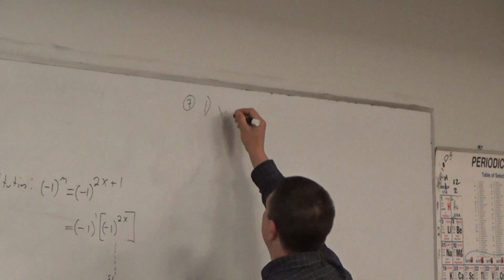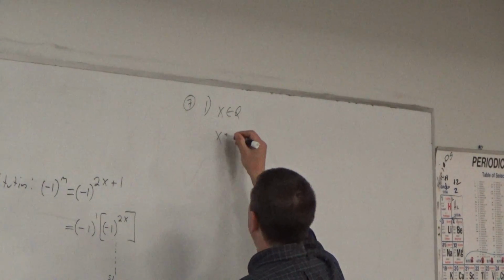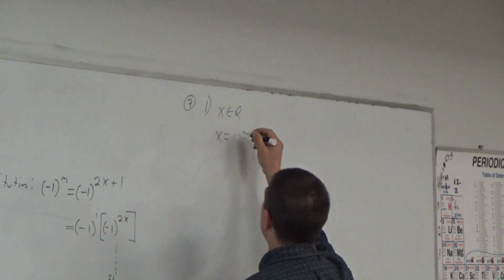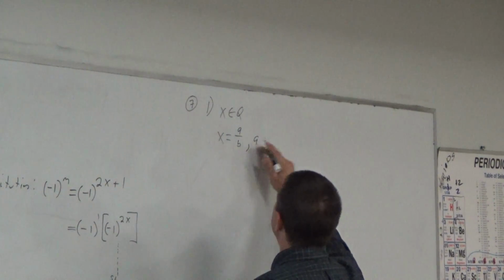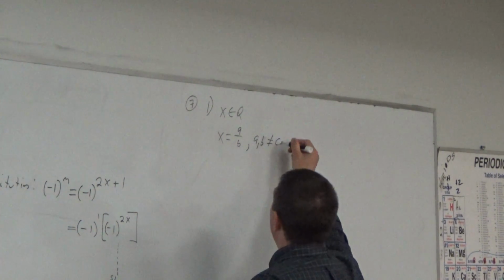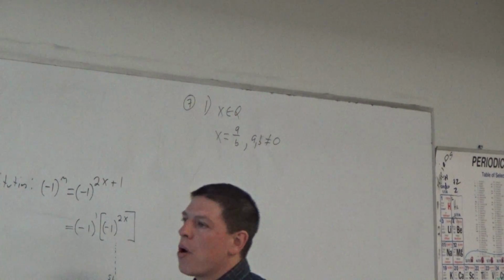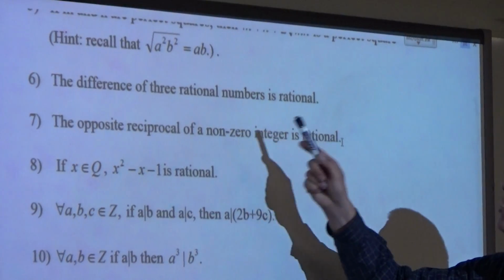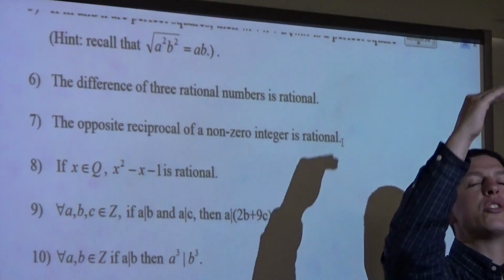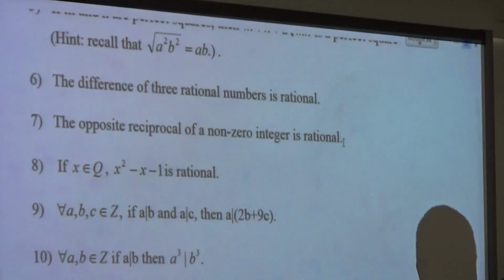So x is rational, which means x is equal to a over b, where we would have to say a and b are non-zero. The reason we say a and b are non-zero is because it says the opposite reciprocal of a non-zero integer. That means neither the numerator nor the denominator can be equal to 0.